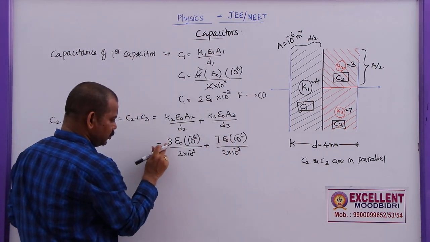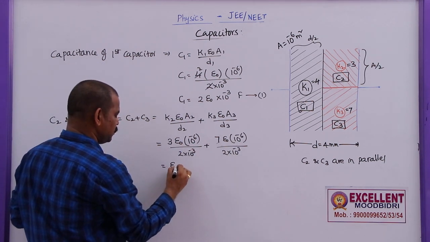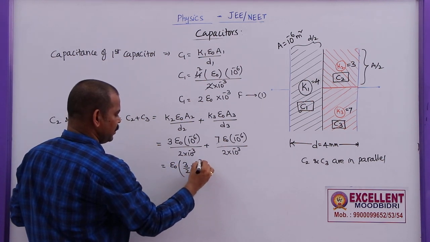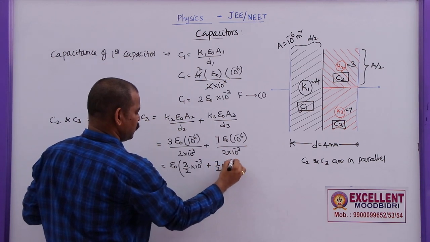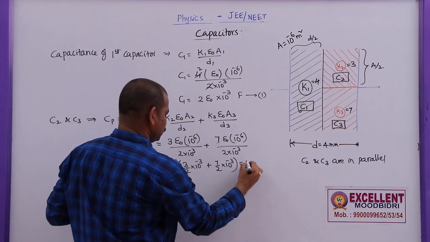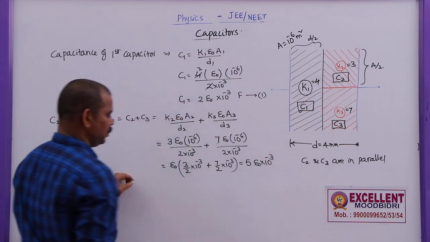You can see this one is 3 by 2 epsilon naught, epsilon naught common. This is 3 by 2 into 10 power minus 3 plus 7 by 2 into 10 power minus 3. 7 plus 3 is 10, by 2 is 5. So this is 5 epsilon naught into 10 power minus 3.